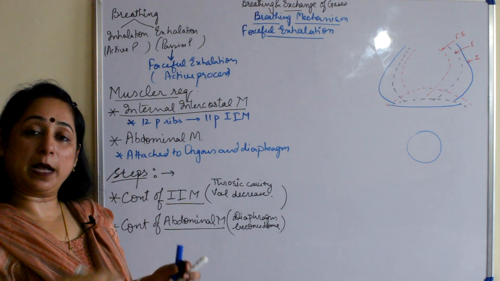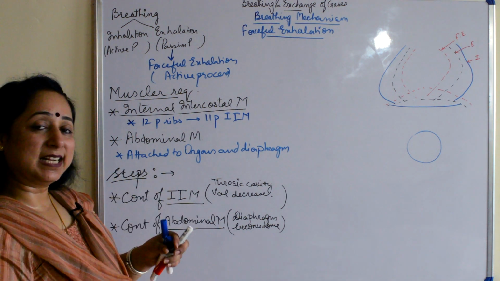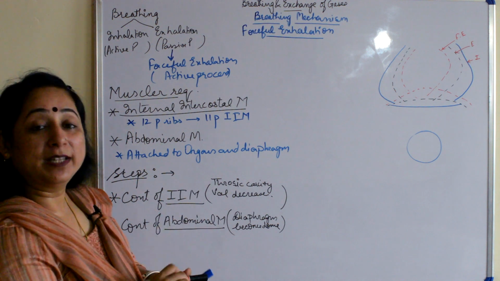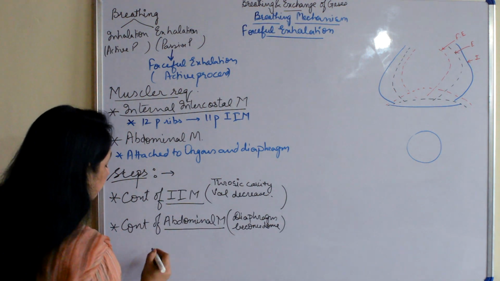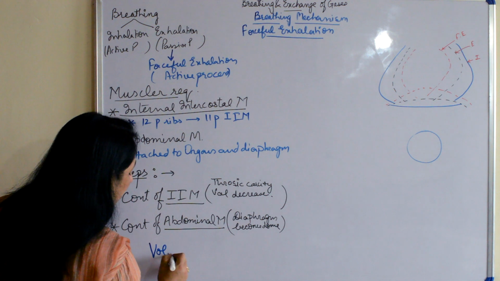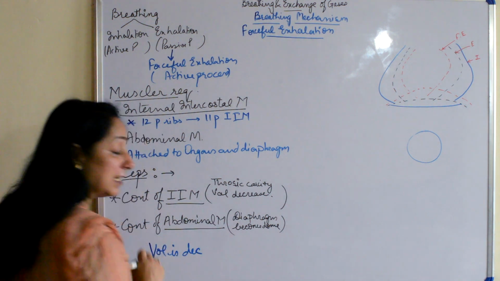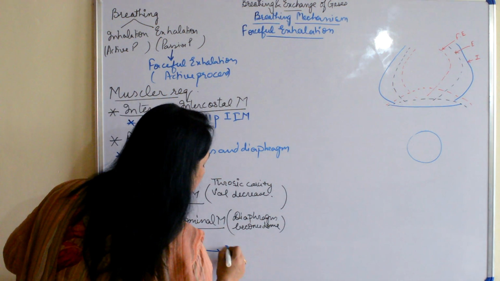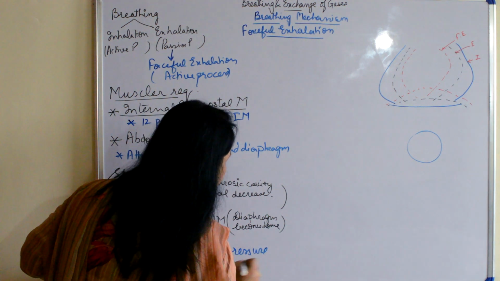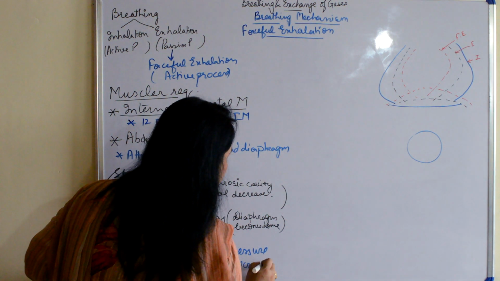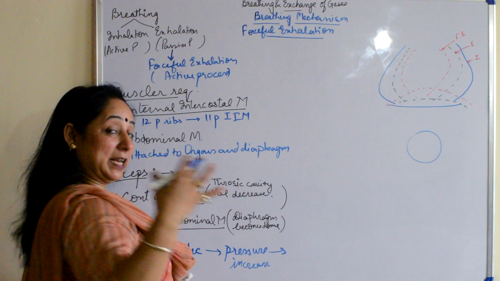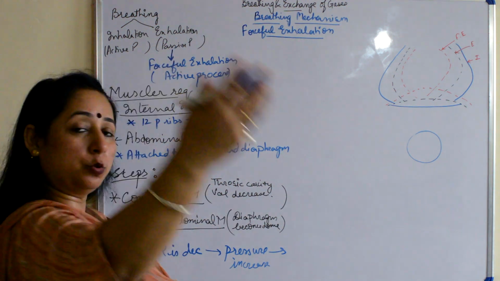So the thoracic cavity is decreasing in size, whereas the diaphragm is becoming more dome shaped. In this condition, what happens? The volume is decreasing. When the volume decreases, pressure increases, and air moves from high pressure to low pressure.